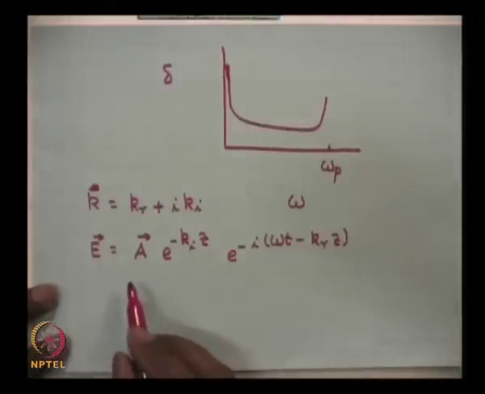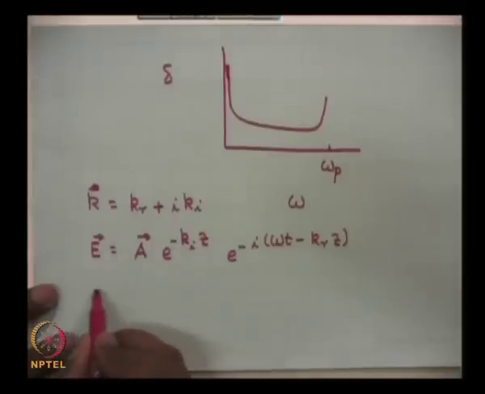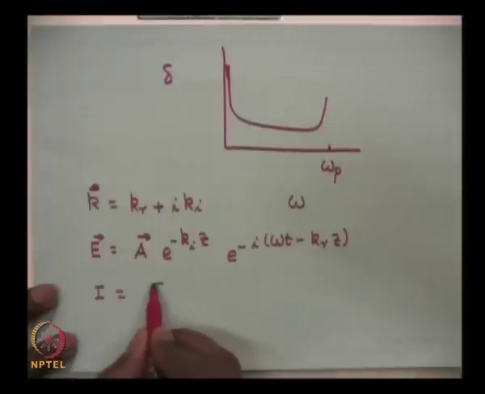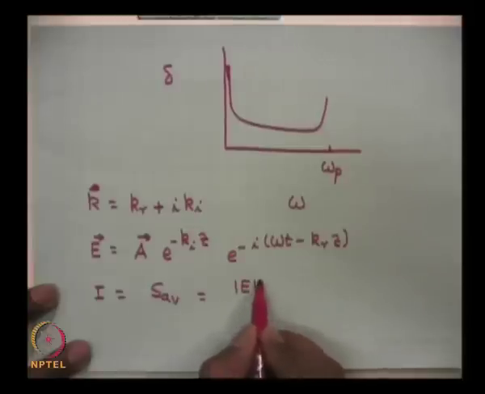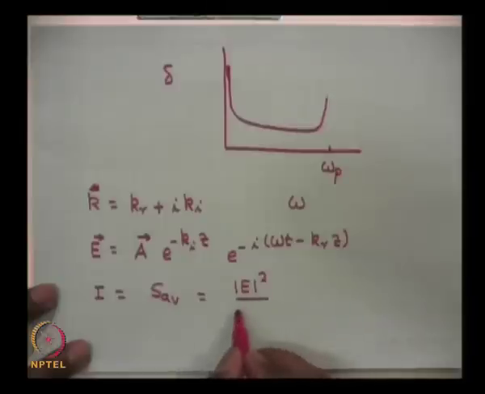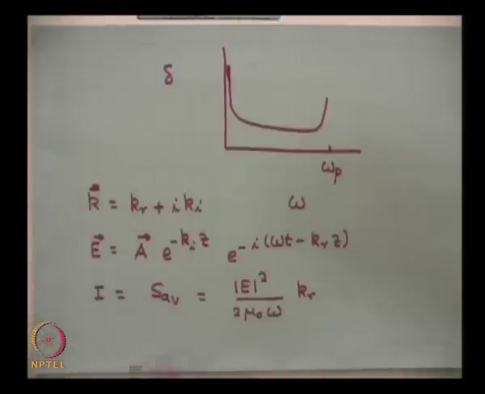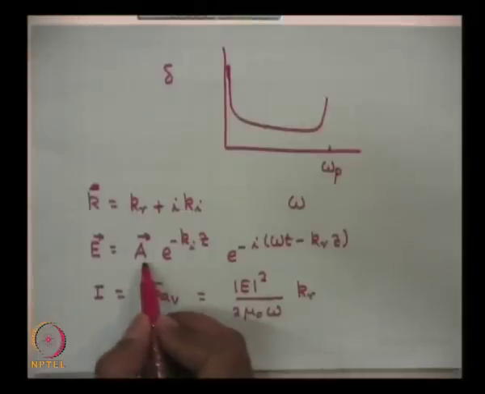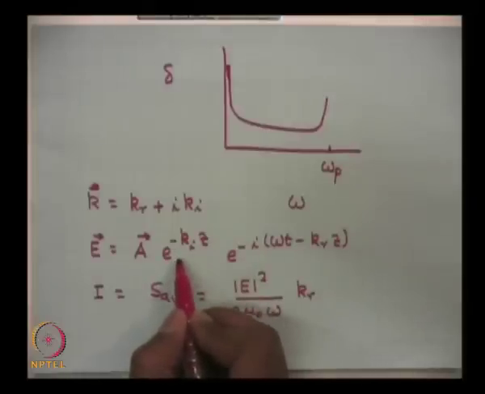And as I just told you, the Poynting vector or intensity of radiation, which is the time average Poynting vector, is equal to modulus of E square divided by twice mu 0 omega into k real. This is the expression I had given to you. So if I put the values, please note here, when I take the modulus square, only A square will not come. The exponential factor was also real, and square of this will also come.